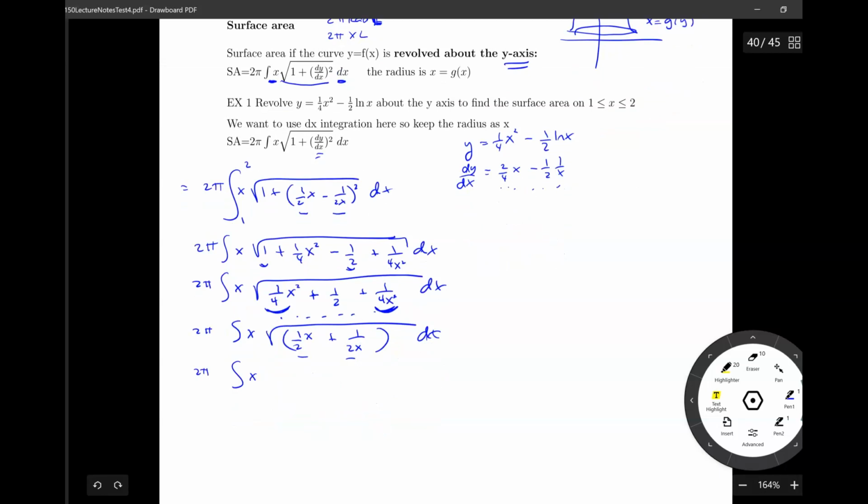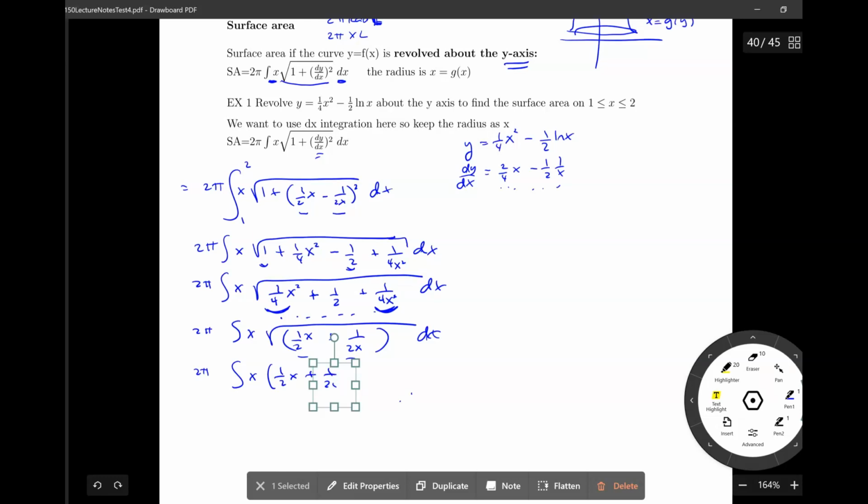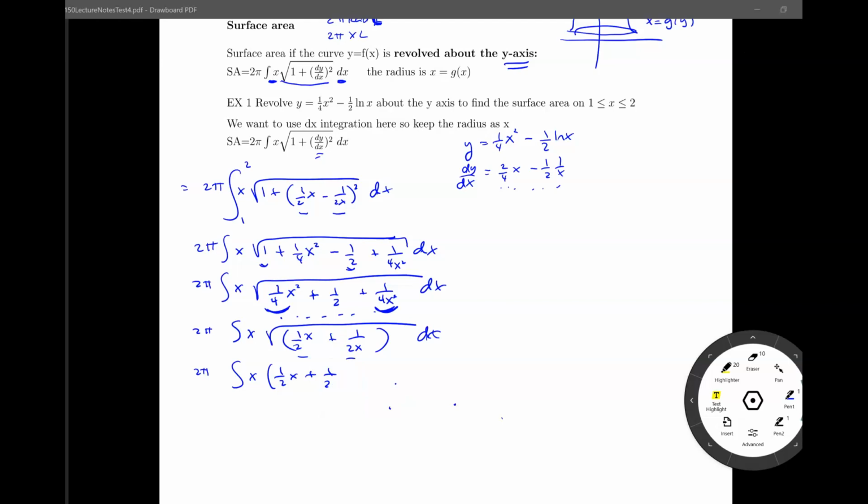So I can eliminate the radical, and I just get those two terms. Now I'm going to distribute the x through, so I get 1/2 x squared, and x times 1 over 2x just gives me the number 1/2.